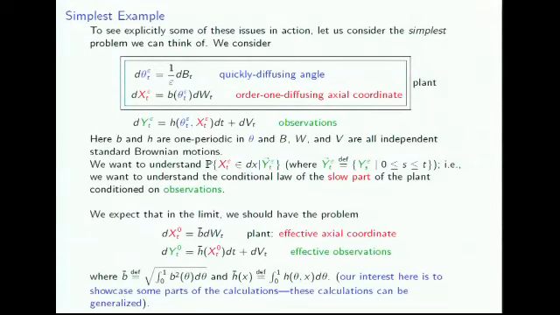This is a coupling. My observation depends on both theta and X. This is my multi-scale information. My information contains both scales. So what I want to know is the probability of X being in dx given Y up to now, the conditional law of my slow process.